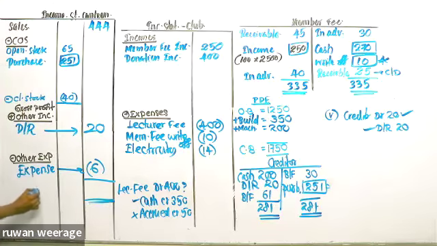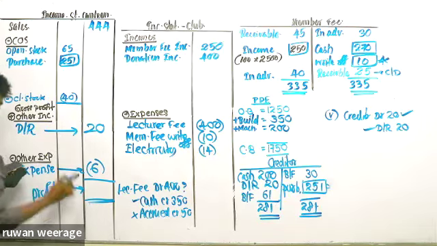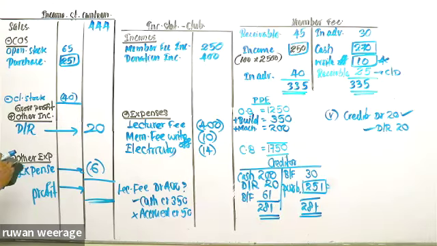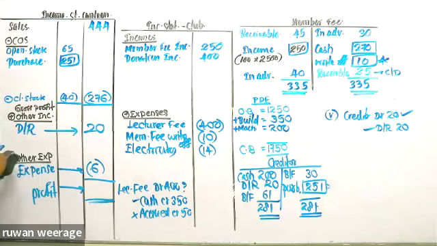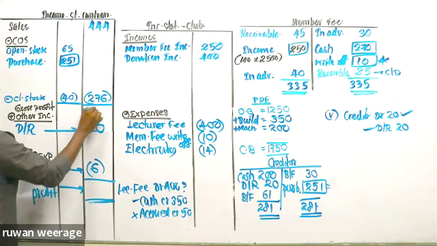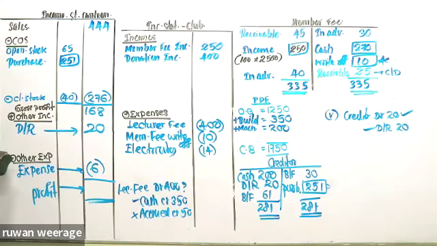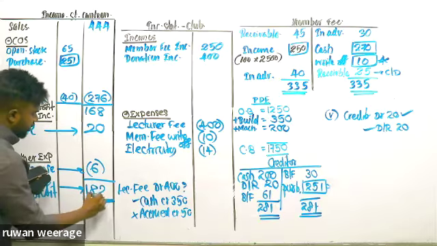And one canteen profit. Cost of sales how much? 276. 168. 182.